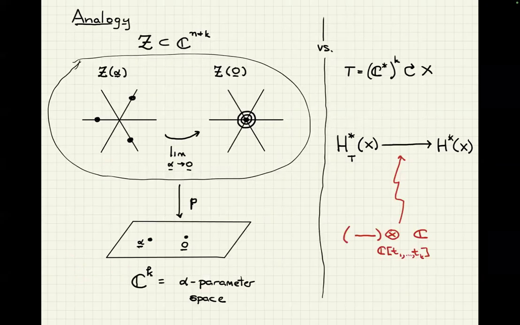And here's a geometric picture, which is very much along the lines of the discussion during the break. So we have C^(n+k) up here and C^k down here. So C^k is our alpha parameter space. And if I have a generic point alpha in C^k, where generic means distinct coordinates, well, I have a corresponding fiber up here.